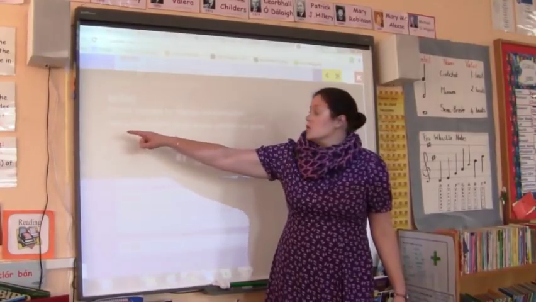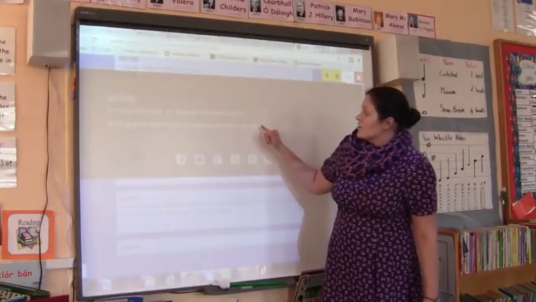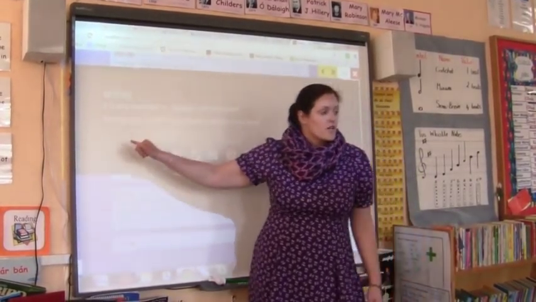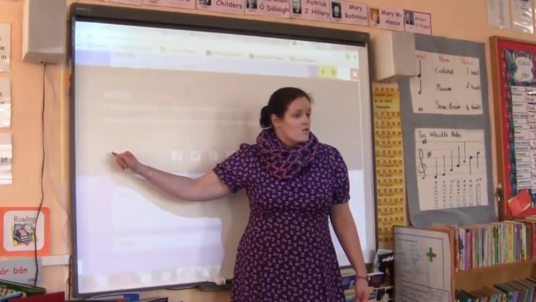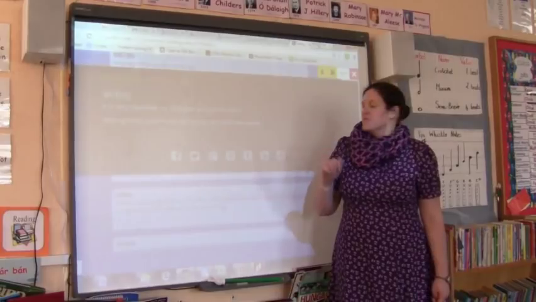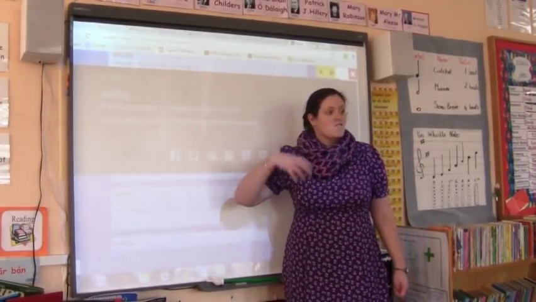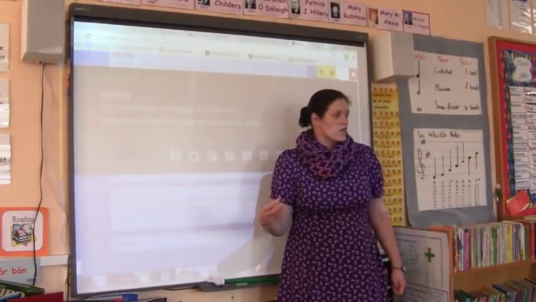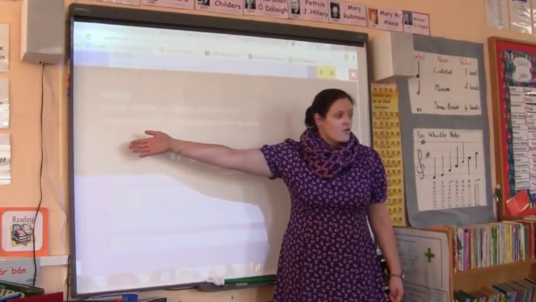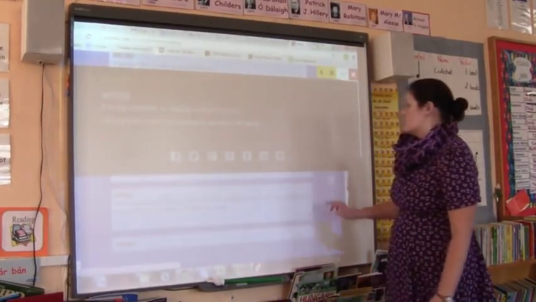So this one, whoever wrote this, you just need to change it around a little bit because your language is developed, your vocabulary is developed when you speak, and then your vocabulary helps your writing. Okay, so it's going the other way. So whoever wrote that sentence, just change it around a little bit.